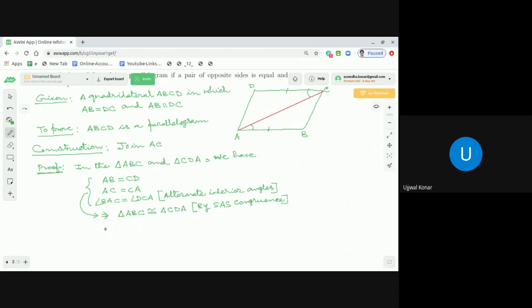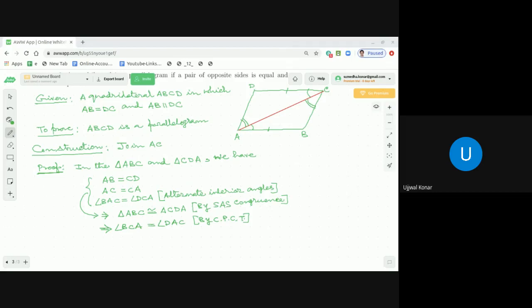So from here we can conclude that angle BCA is equal to the angle DAC by CPCT. Angle BCA, if you see, is this one, is equal to angle DAC, which is this one. Okay, dear students.